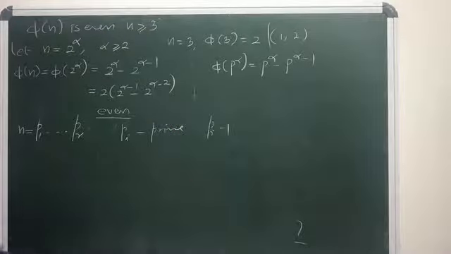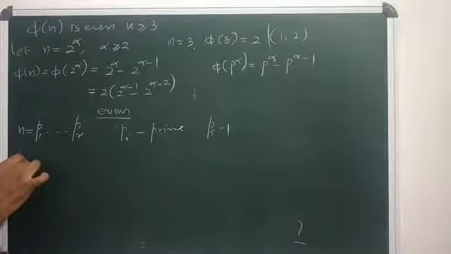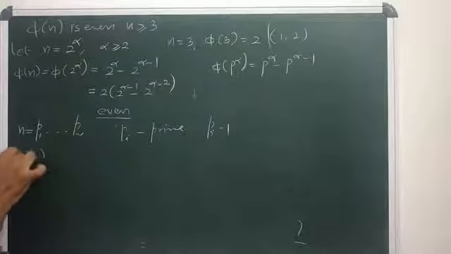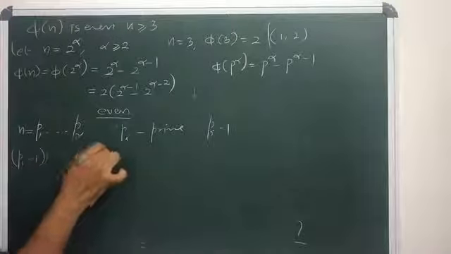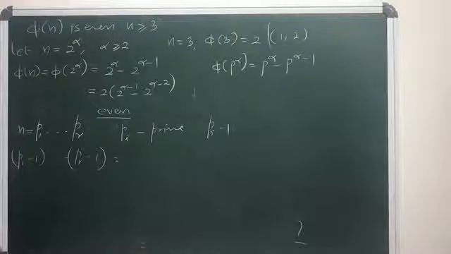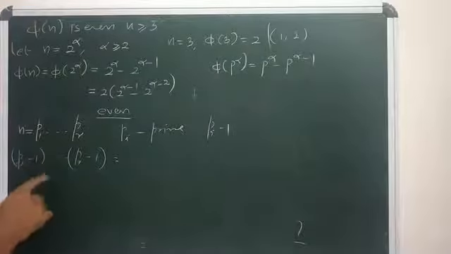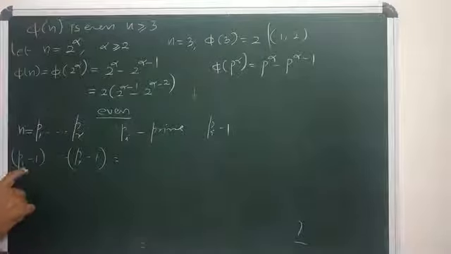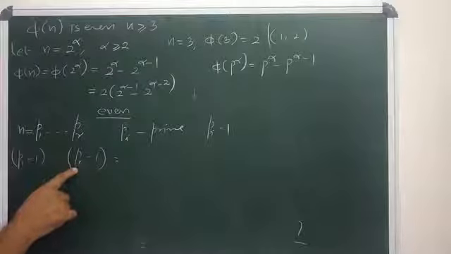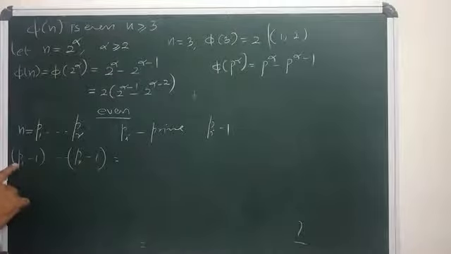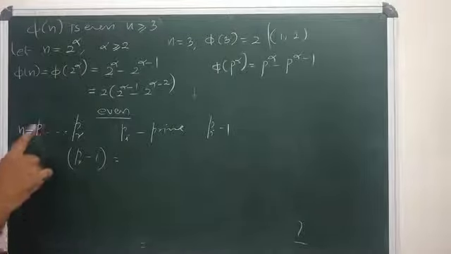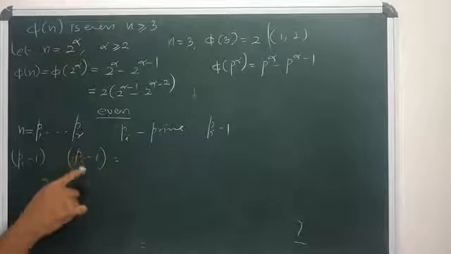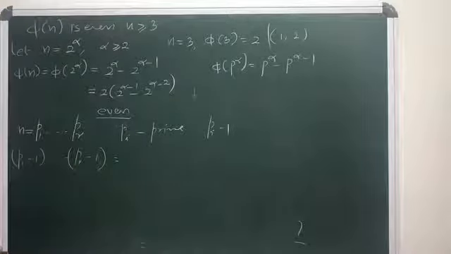So what is pi minus 1? Pi minus 1 is always even. Therefore, consider p1 minus 1 into etc. into pr minus 1. P1 minus 1 is an integer, even; p2 minus 1 is an integer, it is even; etc. Pr minus 1 is also even.